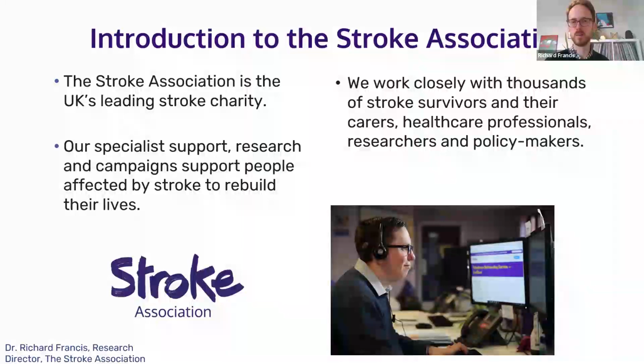We have helplines that help people remotely and give people information after they've had a stroke. We fund research, and that's the type of research that we're talking about today. We also do campaigns, campaigning for change in policy to ensure people have the right support and care and help them rebuild their lives after stroke.